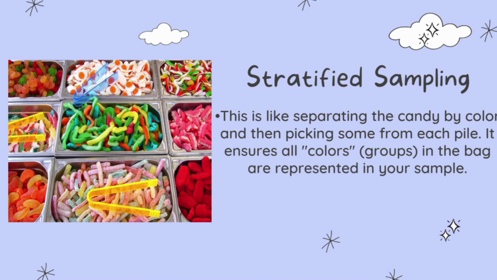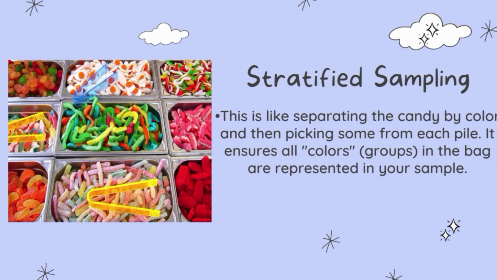These groups are divided based on some characteristics that are relevant to the research. Then the samples are randomly selected from each group. Here you can see different candies in different colors or different shapes.